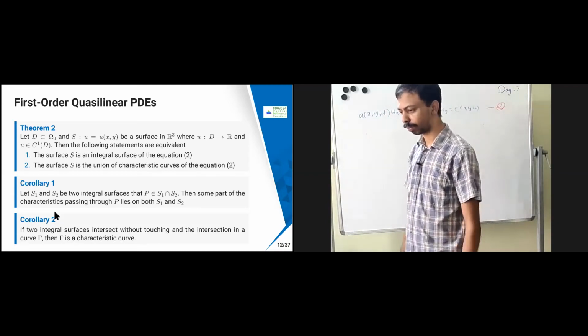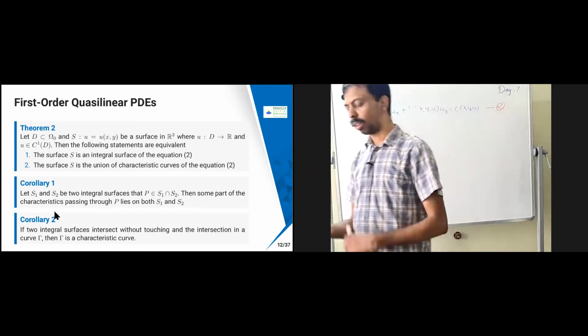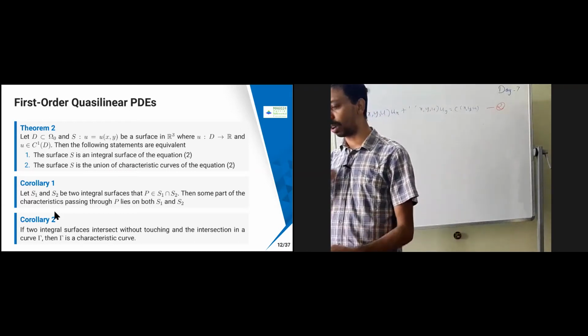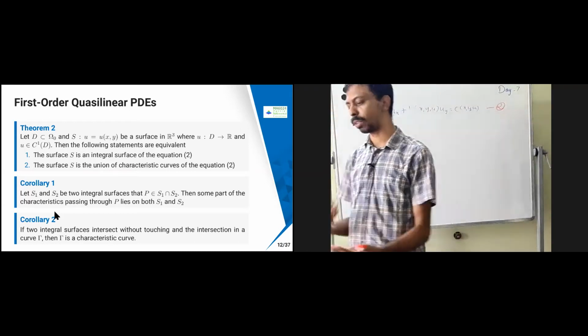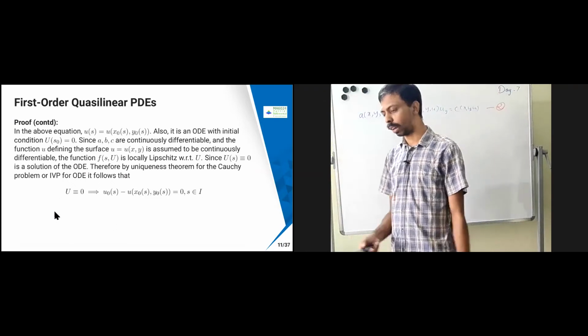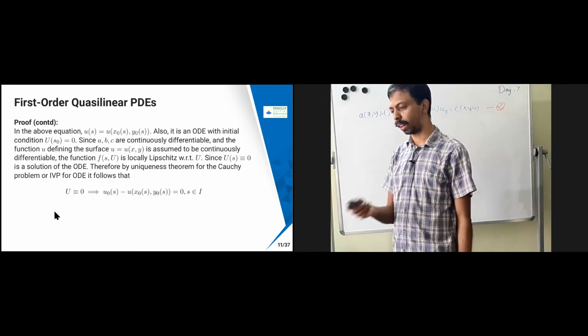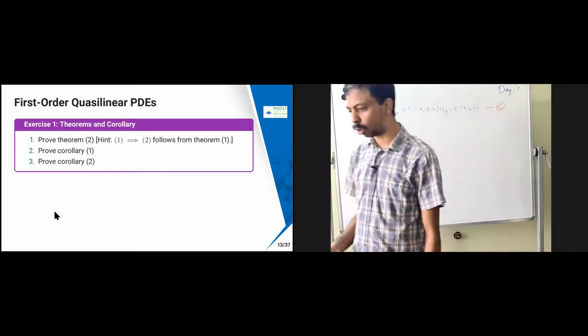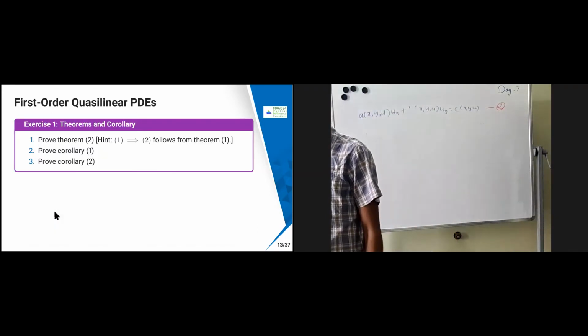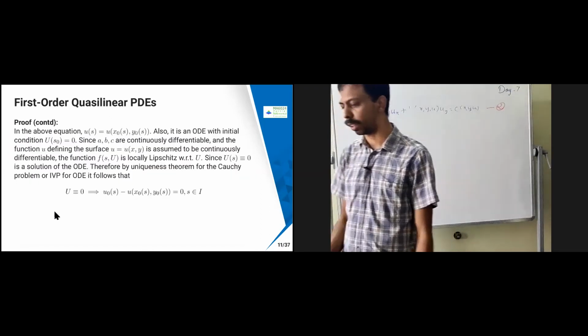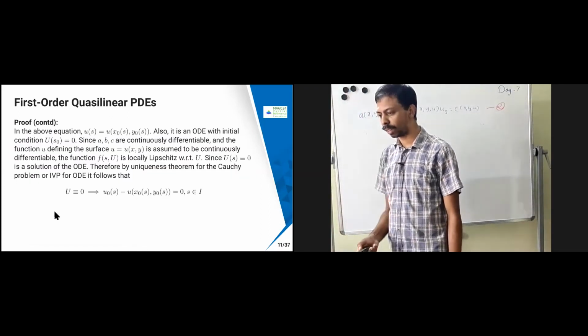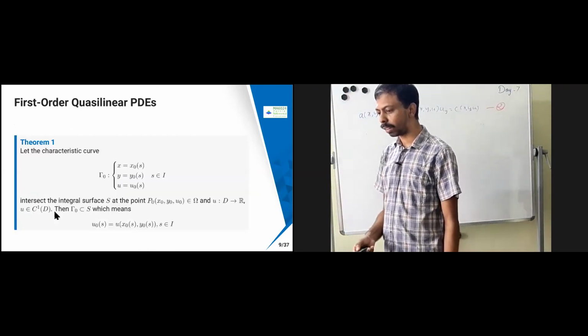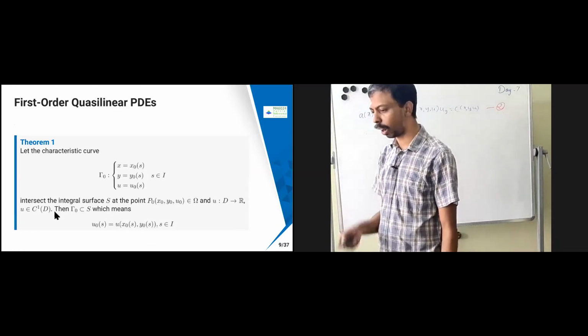This is an equivalence, so we have to prove 1 implies 2 and 2 implies 1. Already we have proved one direction, which is easy from theorem 1, because the gamma naught I took was an arbitrary curve.